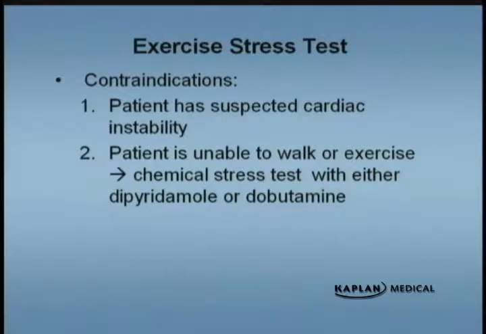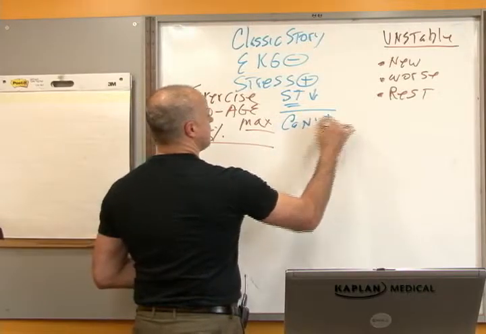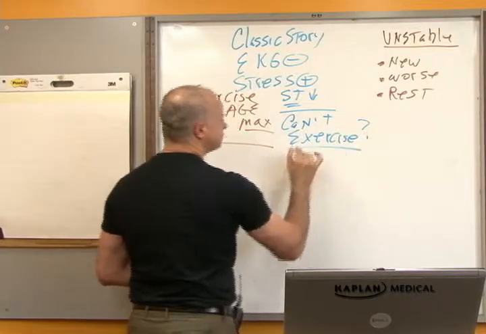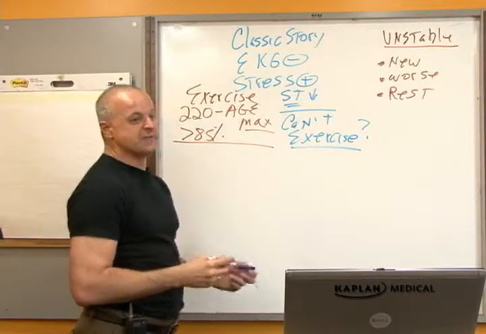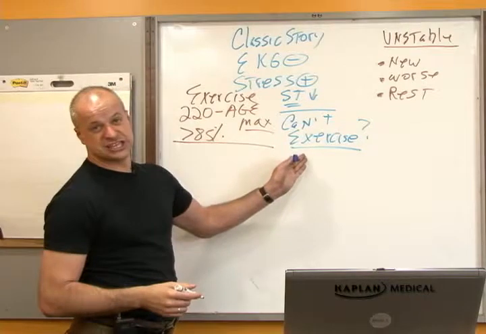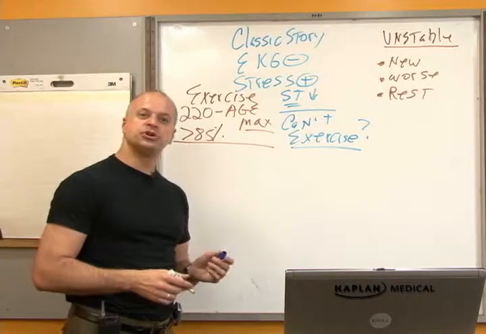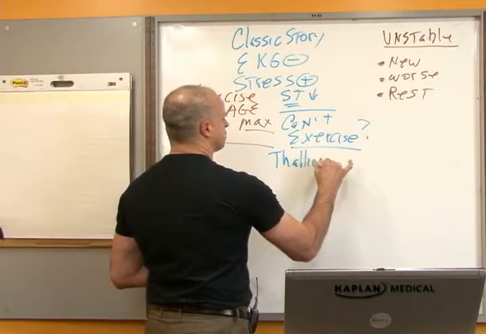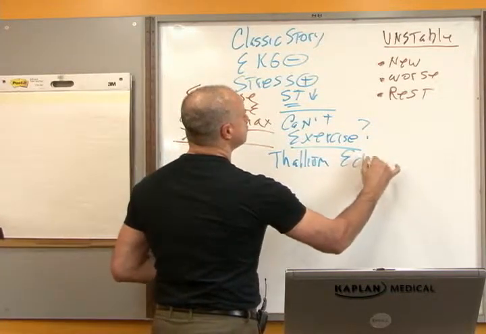The other thing is, what are you going to do if the person can't exercise? You have to have a pharmacological way of simulating the exercise. That is dipyridamole or Persantine thallium, or dobutamine echo.